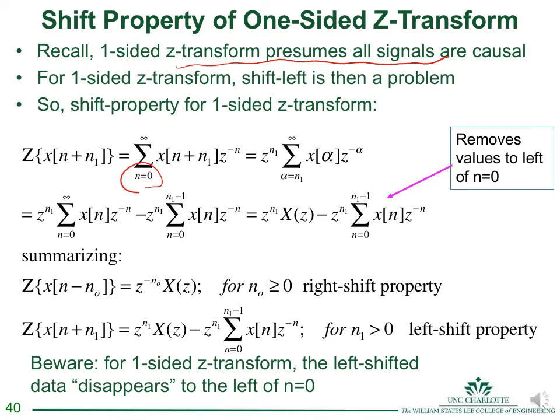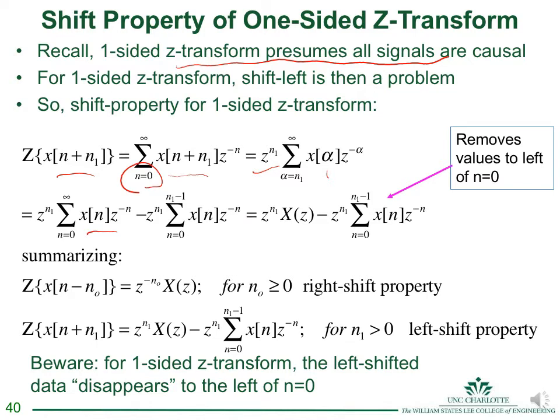if we look at a shift by n1 to the left, we see that this transform has, again, by change of variable technique, we can pull out a factor of z to the n1 up front and replace the variable again so it's clear that this is the z transform of x of n.